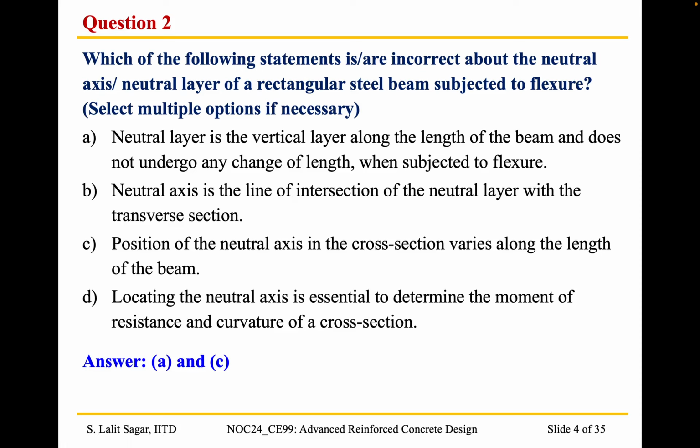This statement is correct. The statement that the position of the neutral axis in the cross section varies along the length of the beam, option C, is incorrect, because the position of the neutral axis remains the same along the length of the beam. And option D, locating the neutral axis is essential to determine the moment of resistance and curvature of a cross section. This option is also correct.